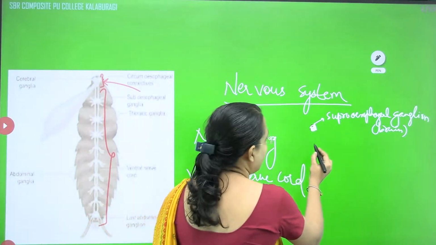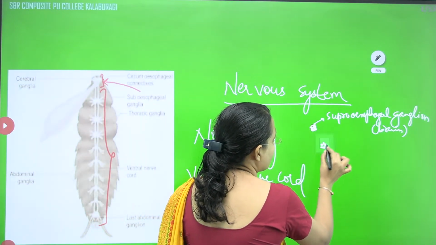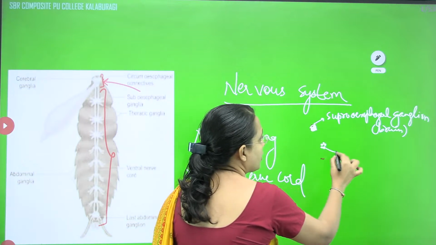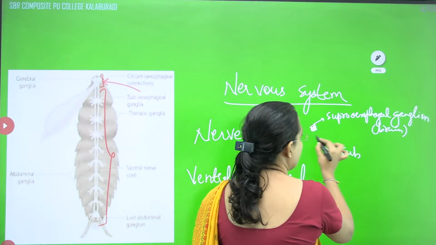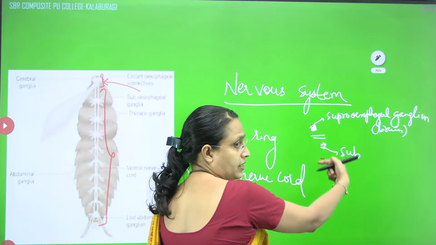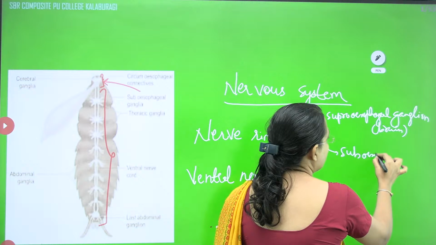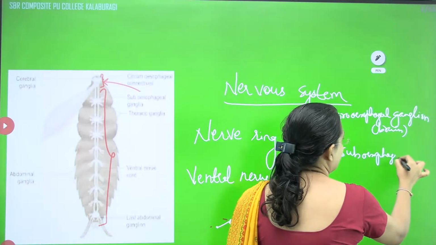Similarly, around 6 ganglions are fused to form the subesophageal ganglion, because they are present below the esophagus. So the esophagus runs here, with ganglia above and below it.